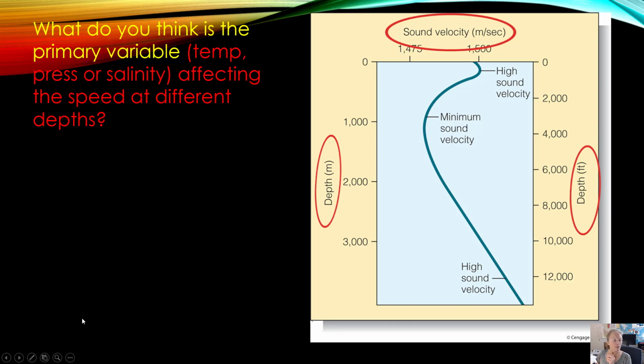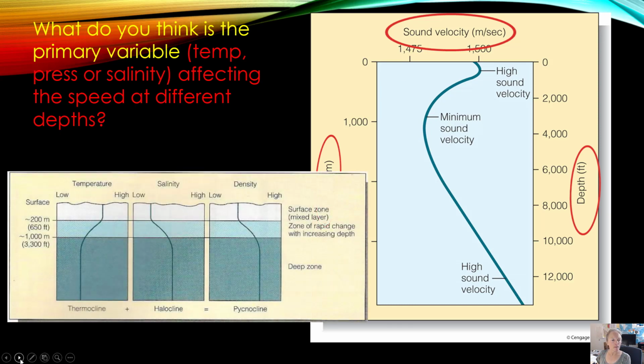Now this minimum sound thing is, and if you can't remember your different pycnoclines, right? Because we know that the pycnocline is between, okay, we'll do it in meters or feet. Let's do meters because it's easier. 200 meters to 1,000 meters is the pycnocline. So from about here to here is where the temperature is dropping, the salinity is going up, and the pressure is going up.